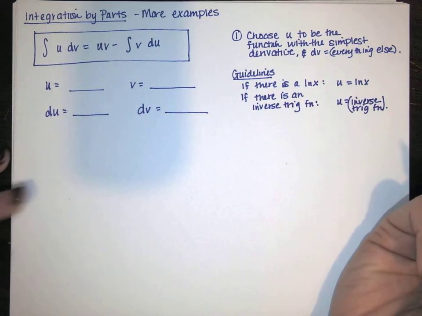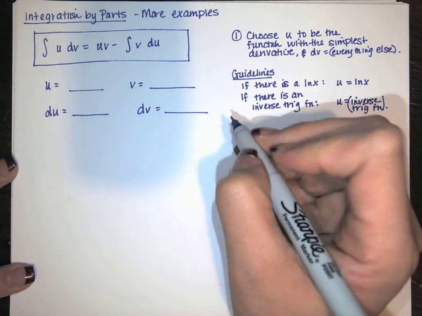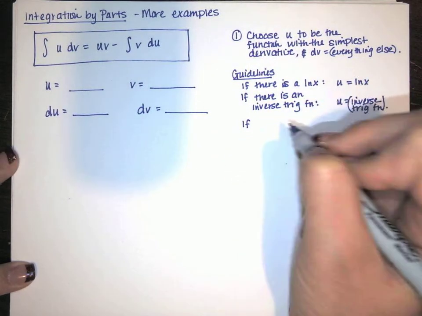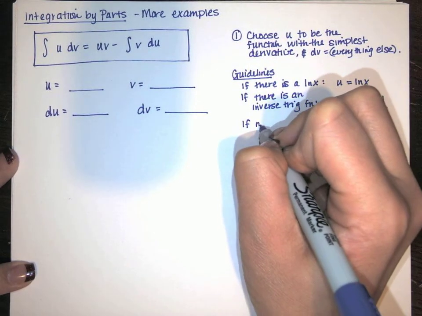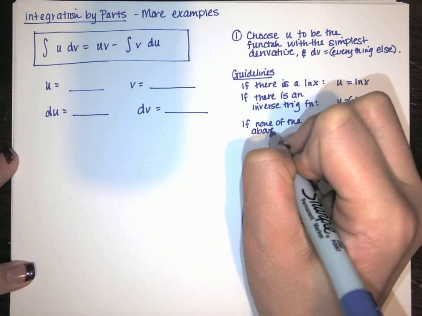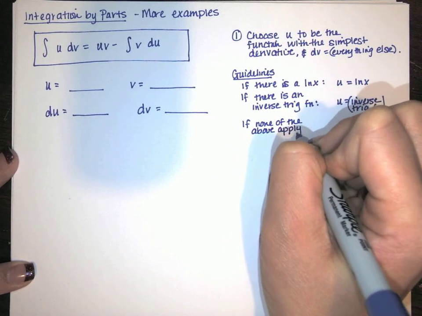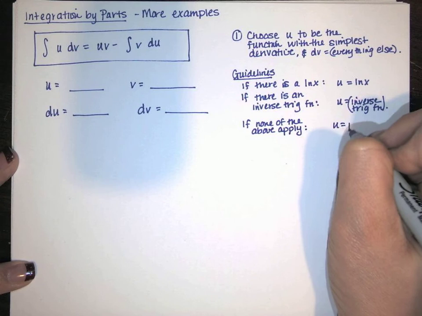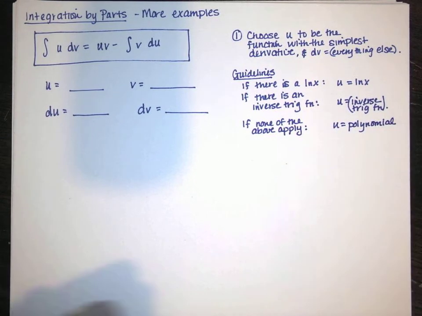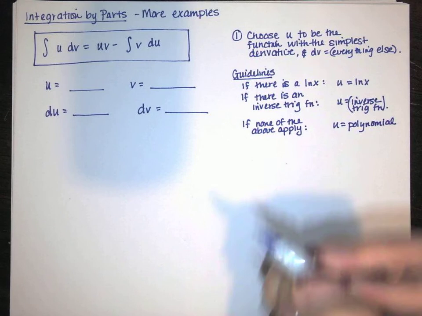If neither of those are part of your integrand, u is usually the polynomial. Now, occasionally there are exceptions to this, but these are just some guidelines.